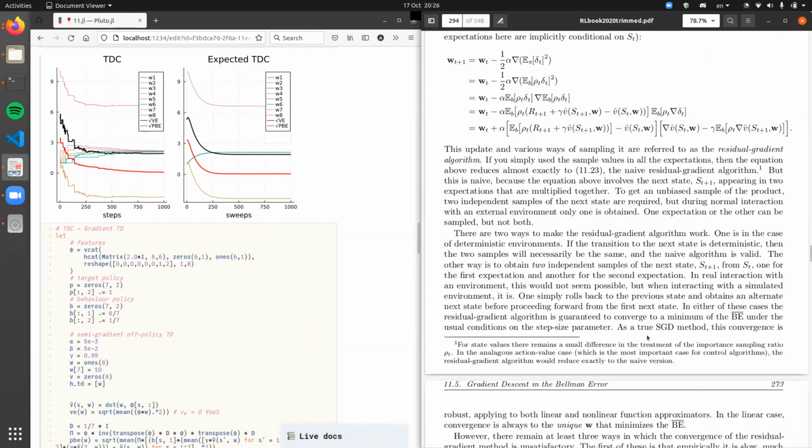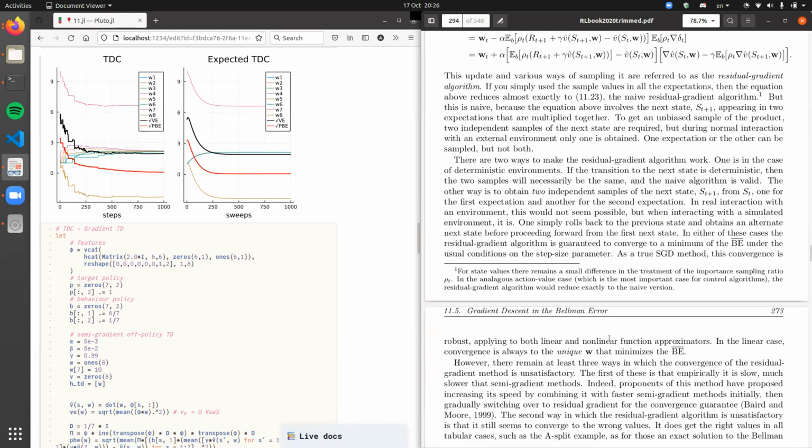This can be resolved in some cases. For example, it is not an issue when we have a deterministic environment, because in that case the sample will always be the same, so we don't need to worry about sampling this value independently.